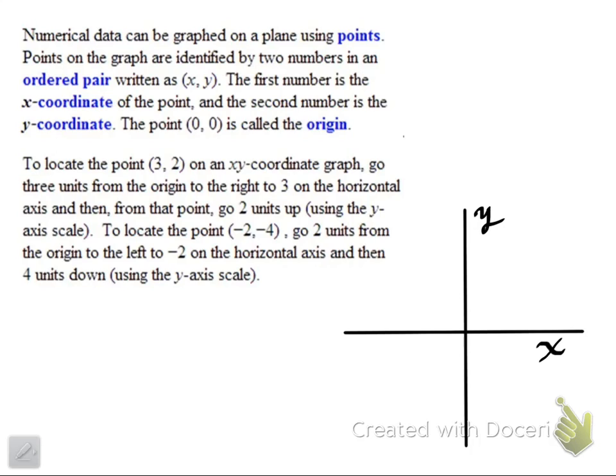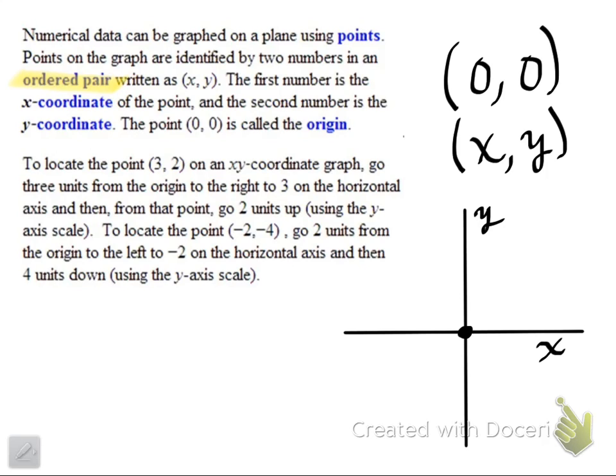Good. So we're going to graph a couple points. The first point we're going to graph is the point 0, 0. Again, the generic way to write coordinate points, which you'll notice are also called ordered pairs, is x first, y second. So we're going to move in the x direction 0 and in the y direction 0.